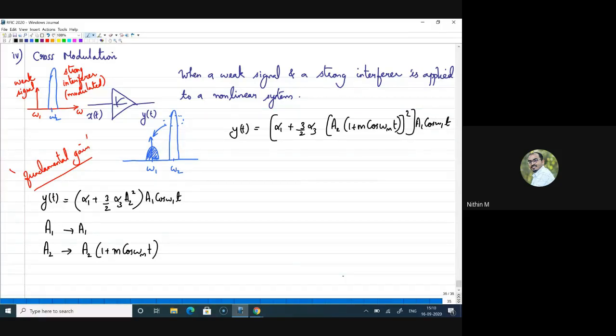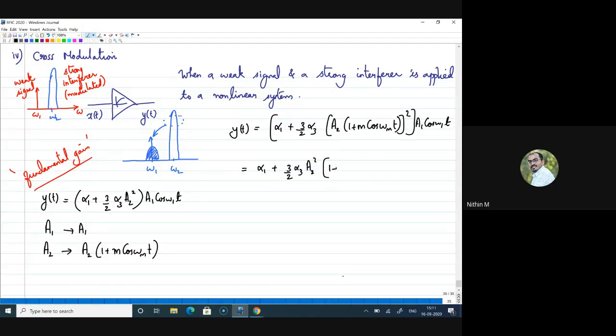Now when you expand this, A1 cos omega 1t is there outside. I'll just write the terms inside the square bracket. It is alpha 1 plus 3 by 2 alpha 3, and inside you have A2 square, which is common to the inside bracket, so I'll write 3 by 2 alpha 3 A2 square, and then a term 1 plus m cos omega mt the whole square.